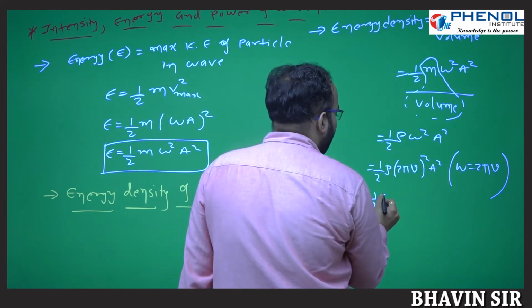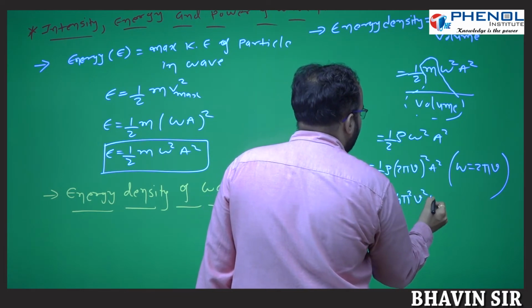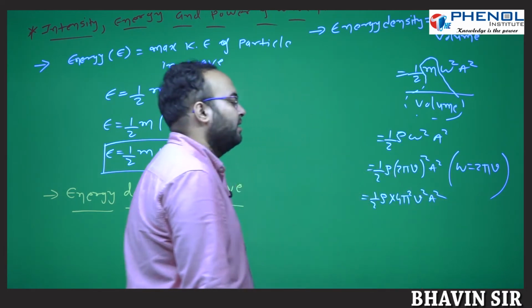So open the bracket: 4 pi square nu square a square.